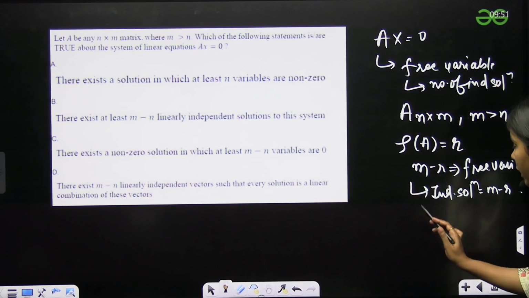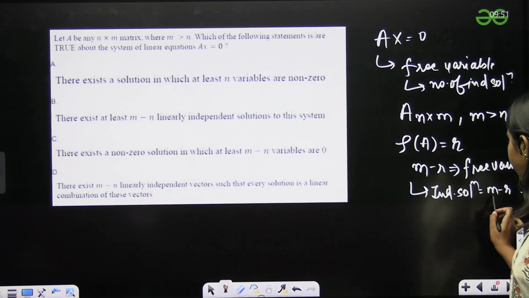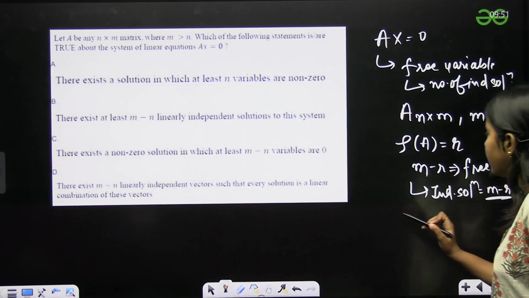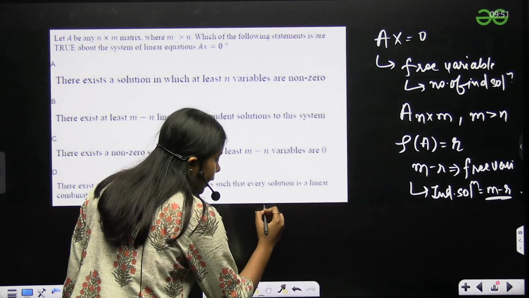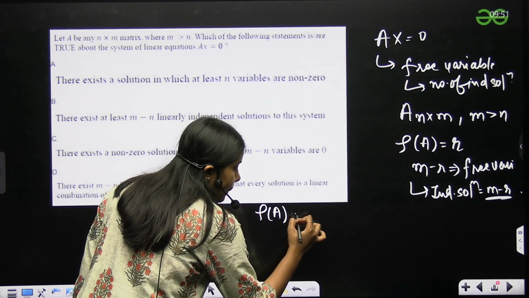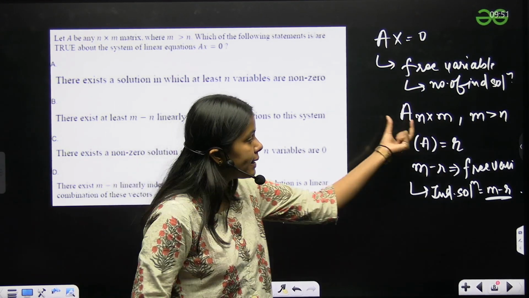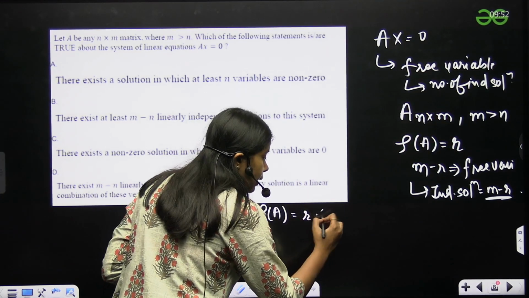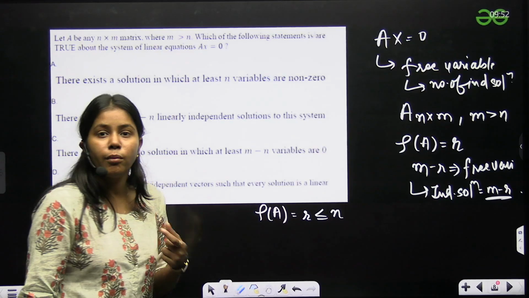Now for independent vectors, what they are saying is m minus r independent vectors, right? And can I get one thing, that rank of A is r, but also rank of A is less than or equal to minimum of m comma n. And what is the minimum of m comma n? That is n.